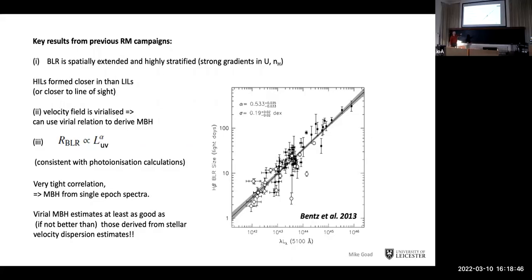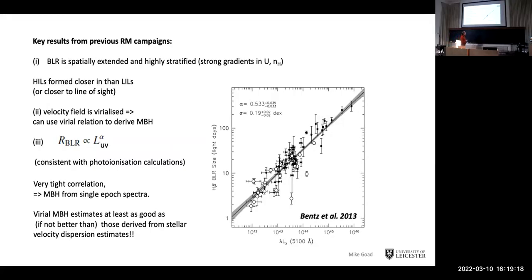What that tells us is if we take a single spectrum of a high-redshift active galaxy, we can measure the mass directly from a single spectrum, because we measure the luminosity and then we measure the velocity of the line. And so we can place our object on this map, apply the virial theorem and get its mass. Because the single spectrum gives us the size of the BLR from this relationship.